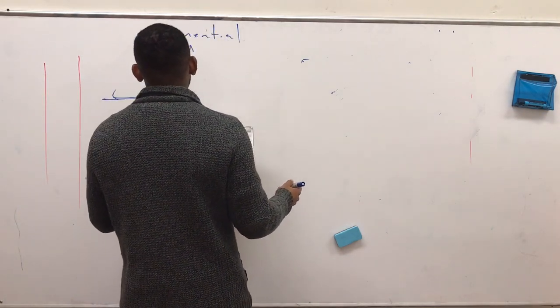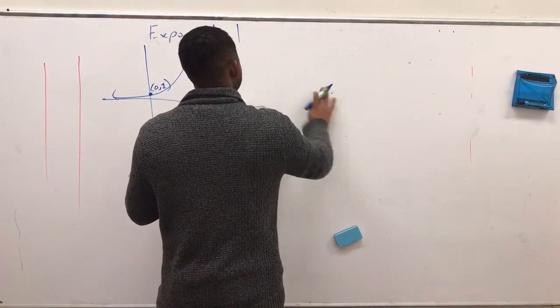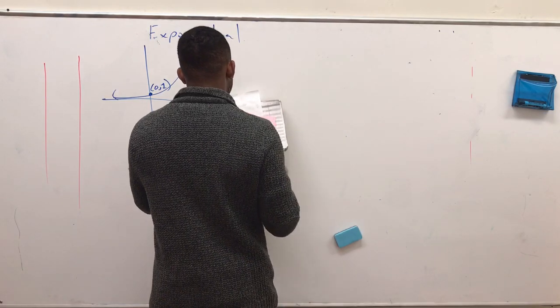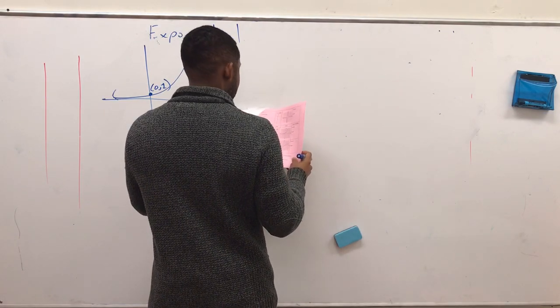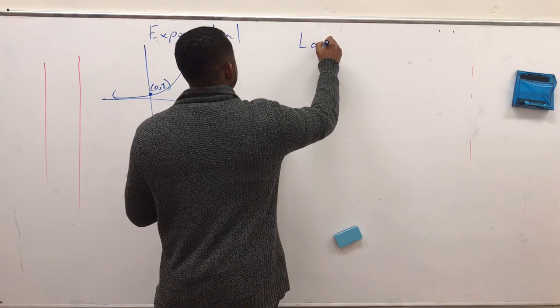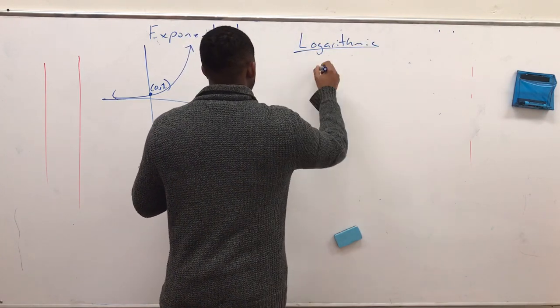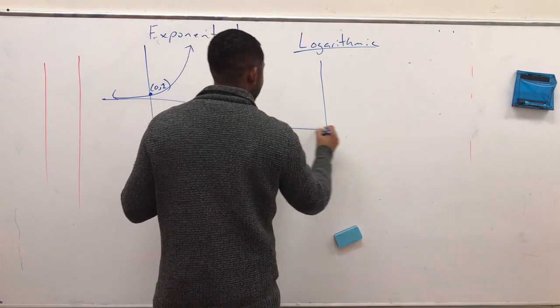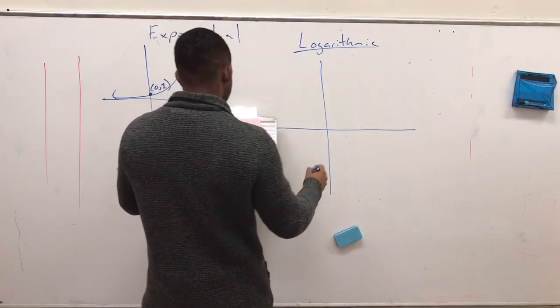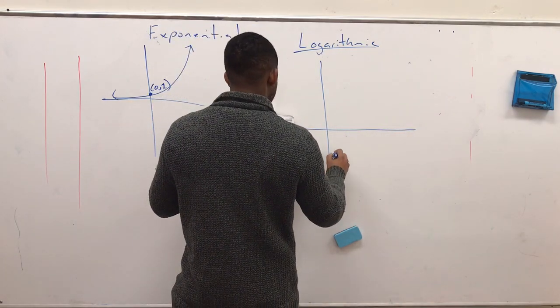And the last type of graph is a, what's this one? The log, I think. I think this one is a log. It's like the opposite of an exponential. It looks kind of like this.